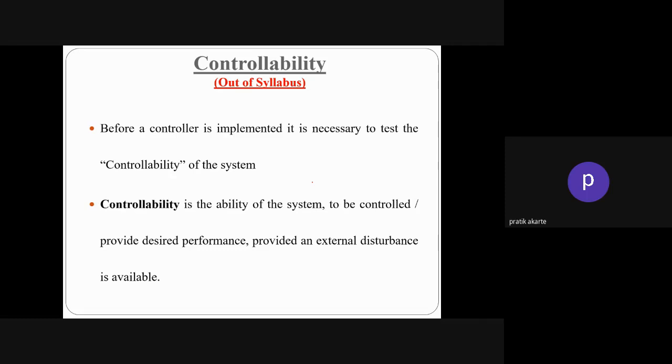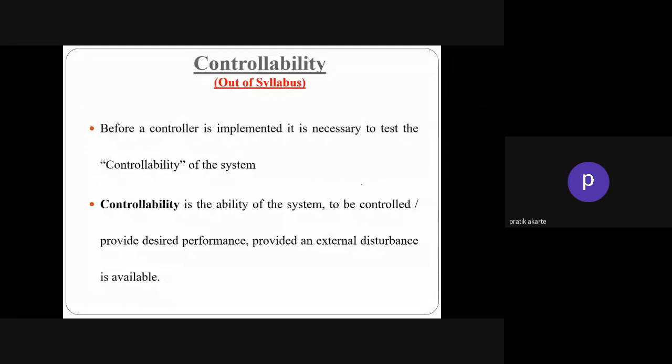Take the air conditioner inside your room: whatever the outside temperature is, those are the external disturbances. The fluctuations in the outside temperature are the disturbances applied on the air conditioning system. But the system must be able to give whatever temperature is set inside by the user.